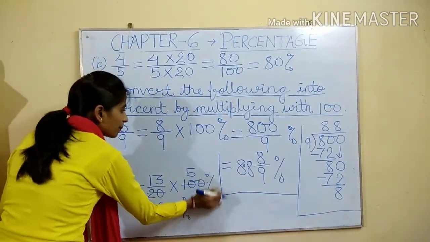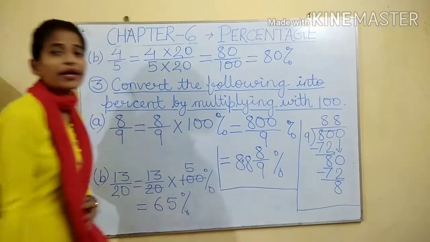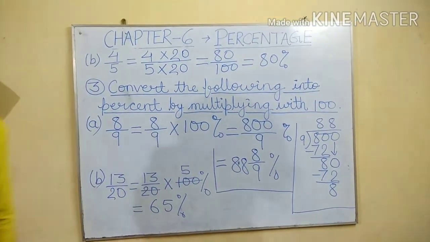So this one is question number B and this one is question number A. Note this down in your notebook.